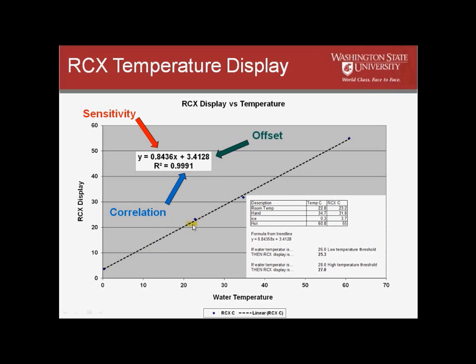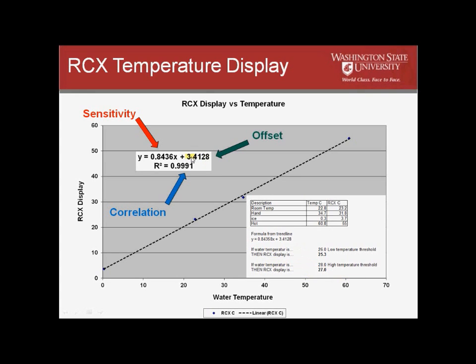This indicates that even though the temperature might be 0, this RCX display would display a value that is 3.4 degrees, roughly. So the good news is, for most sensors, the electronics and internal microcontrollers are generally designed to accommodate these discrepancies and make the ideal sensor readings equal to the true value.